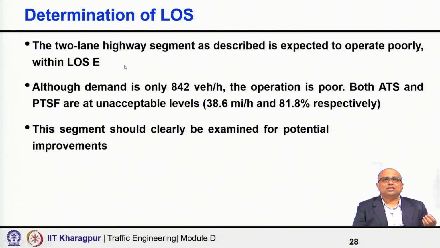What you can notice is that this two-lane highway segment as described is expected to operate poorly, because the level of service is already E, but the demand is only 842. That shows that on two-lane two-way highways, the level of service deteriorates very fast at a much lower volume, only 842 vehicles per hour. That is not very high, still the operation is poor, and both ATS and PTSF are at unacceptable levels, with 38.6 miles per hour and 81.8%.